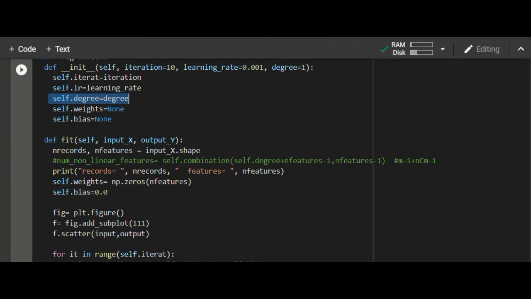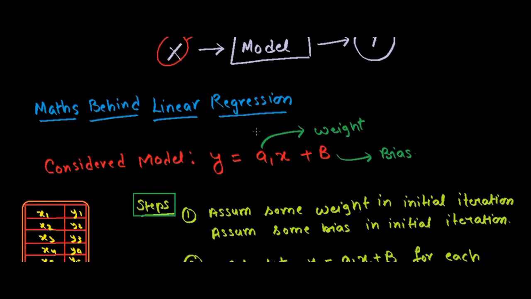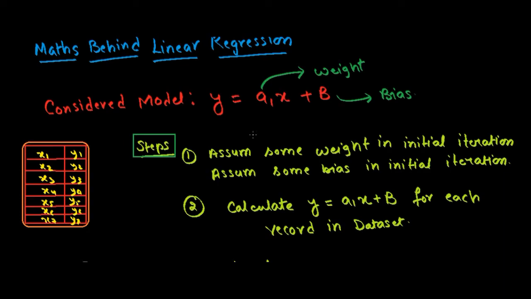Now you can see that I have taken weights here, and bias. As in our model, we require some weight and bias. This is weight and bias. Because we have only one independent variable, we'll need only one weight. If there had been two independent variables, then the model would have been a1 x1 plus a2 x2 plus b.